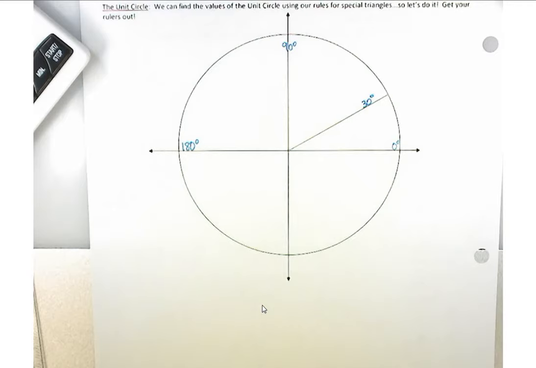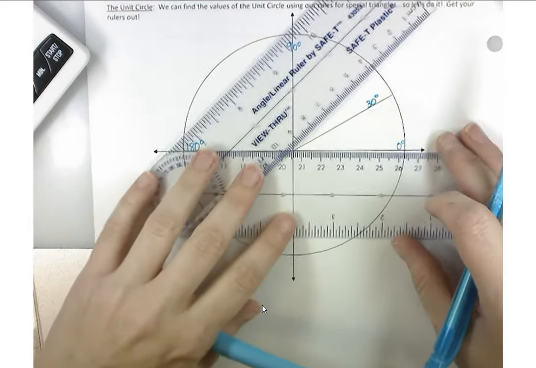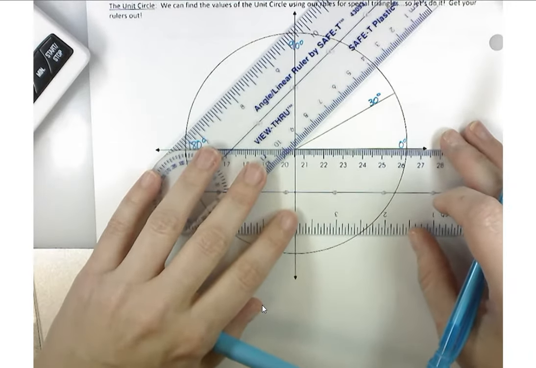After 30 degrees, chronologically, what's the next angle? 45. Okay, so the 45 one's going to come next. And then, yep, after that, you are going to do the 60.